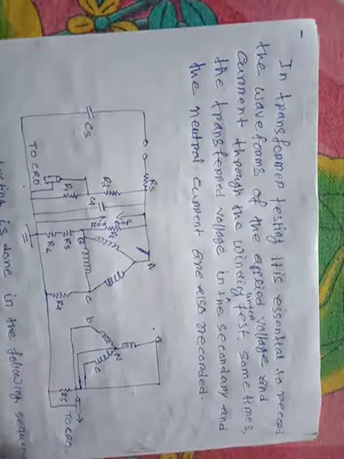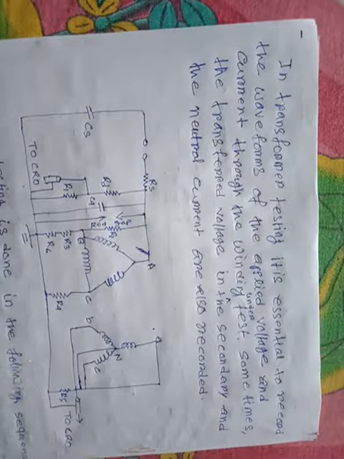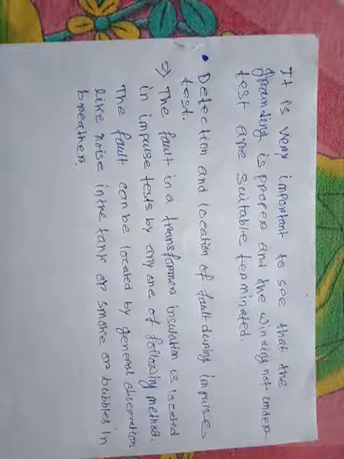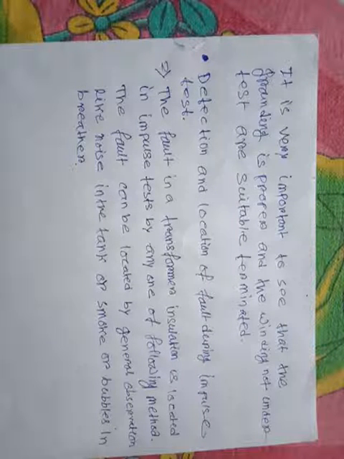Then at this time we will see the condition of the transformer, the detection and location of fault during the impulse test. A fault in transformer insulation is located in the impulse test by any one of the following methods. The fault can be located by general observation.